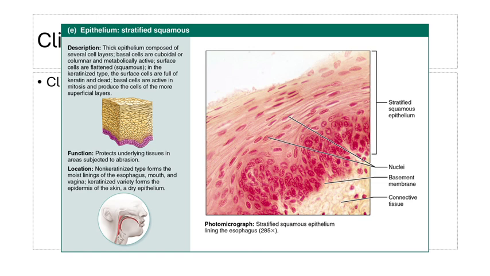The multi-layer group, as I mentioned before, is classified into stratified squamous. So how can we recognize and identify a stratified squamous? It is because of the basal cells and the apical or top cells. If you look at this slide, we can find there are so many layers of cells. At the bottom, they are cuboidal.